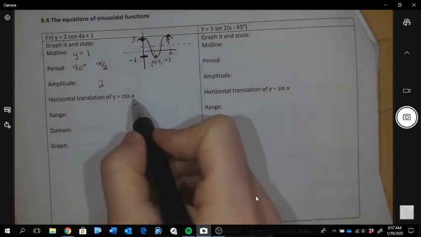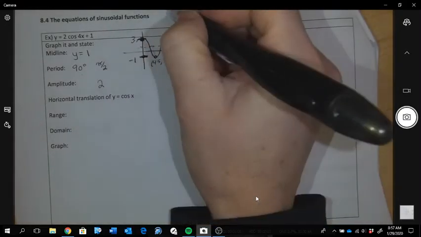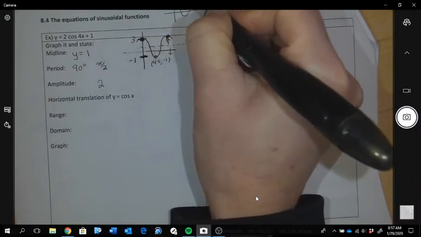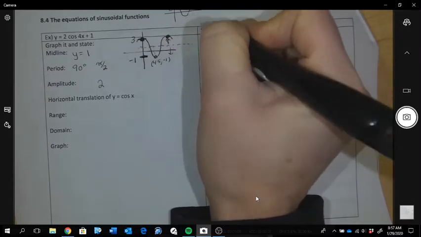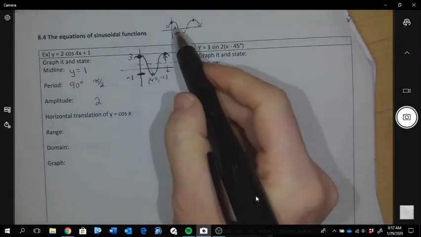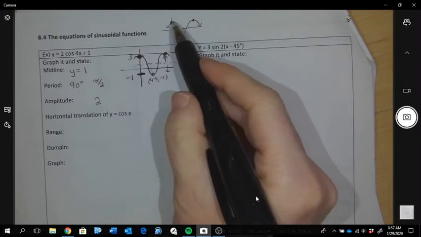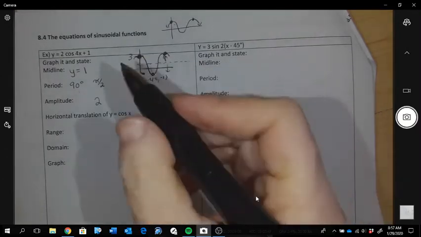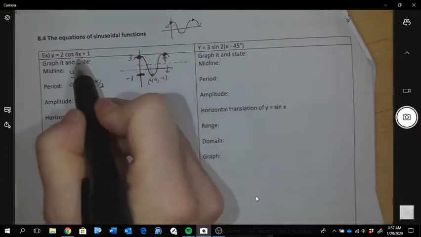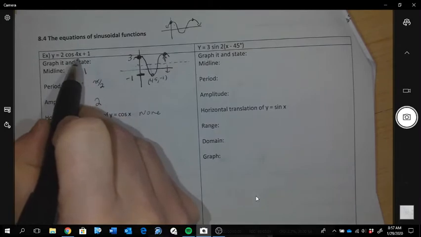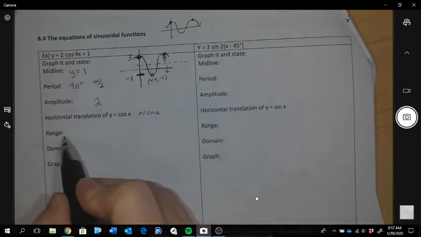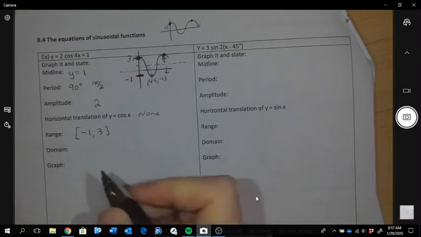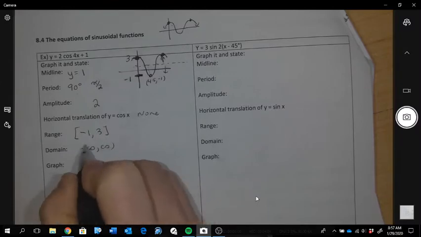Horizontal translation. A normal cos curve starts like this. Our max is on the y axis and our max is on the y axis, so there is none. And you can see from here there is none. The range goes from negative 1 to 3, and the domain goes forever.